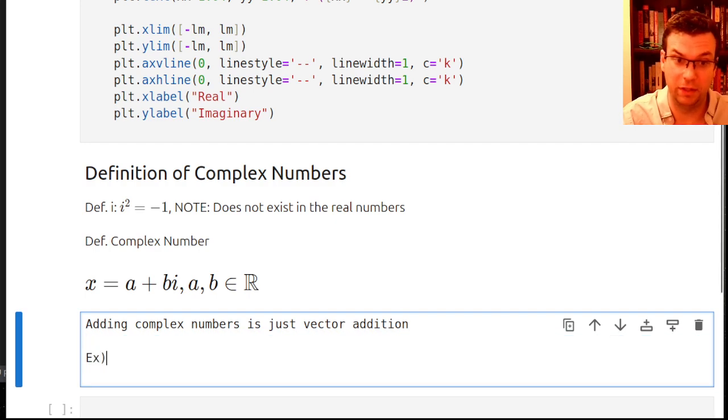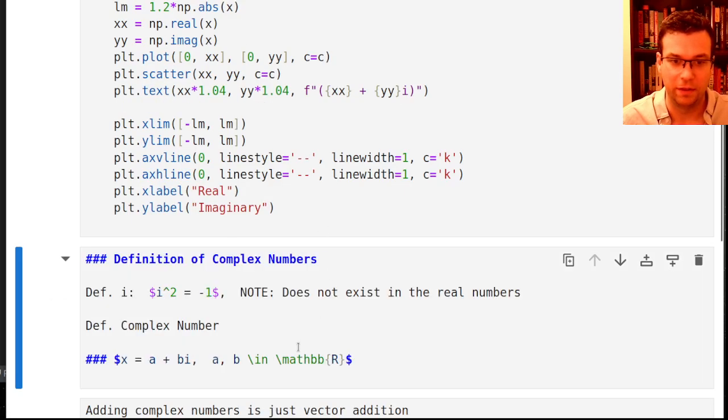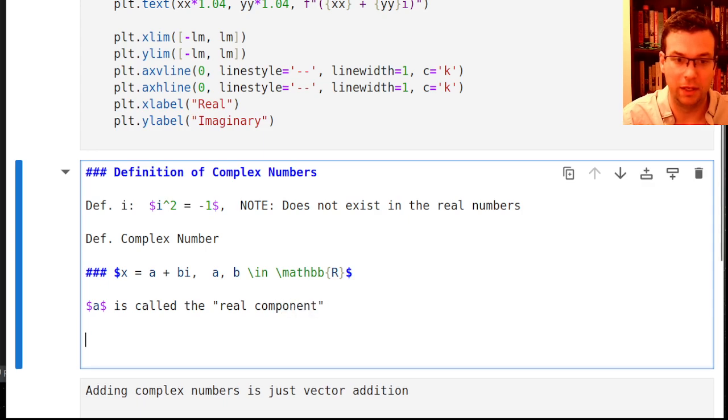So for example, if I were to add 1 plus 3i to -2 plus 6i, then I would get the complex number. Well, I just add the real component to the real component. So just again to say it up here, a is called the real component and b is called the imaginary component.